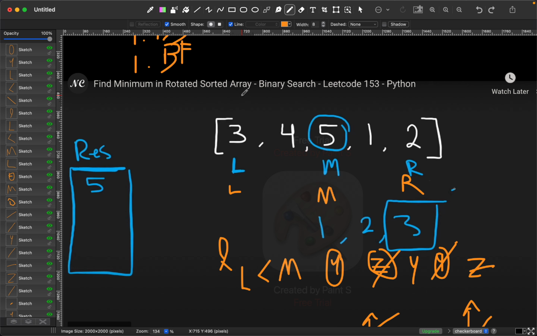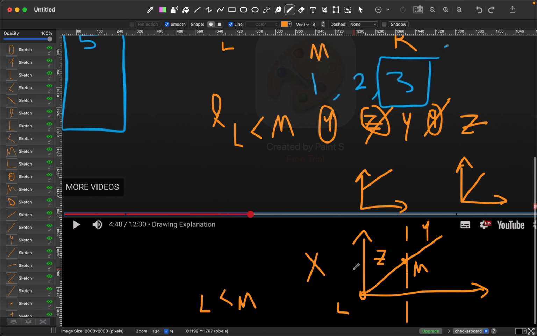So I ask the question, L and M, which one is smaller? I do know that right now I'm on the Y graph, right?